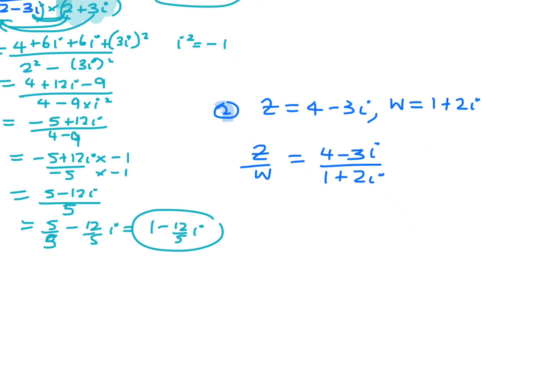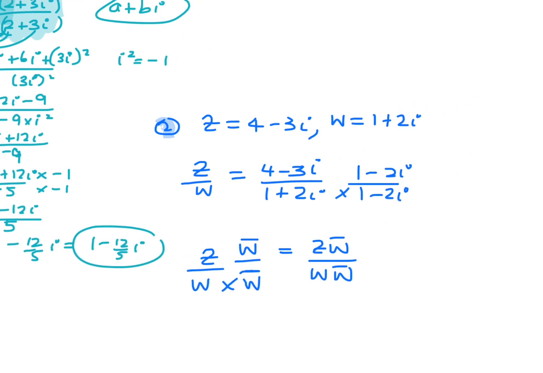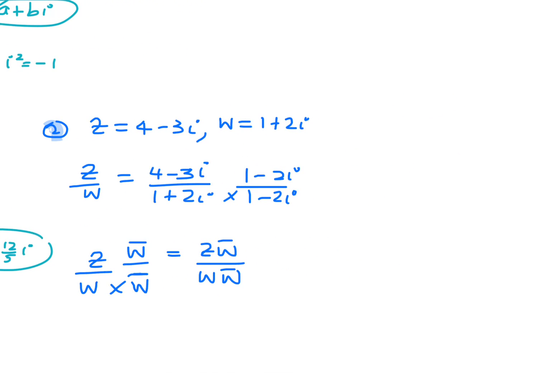So you're going to multiply by the complex conjugate. So really what you're multiplying by is w bar. So you'll end up with z w bar on w bar. So on the bottom you get 1 minus 2i on 1 minus 2i. On the top you do top and bottom by the same thing. And then let's look at the bottom. The bottom is the difference of two squares.